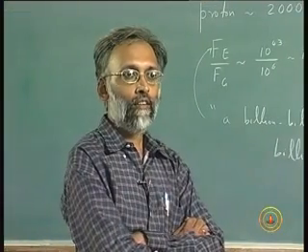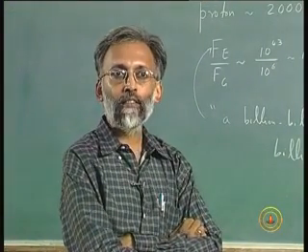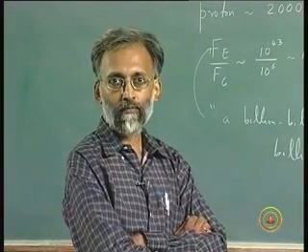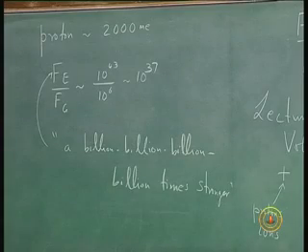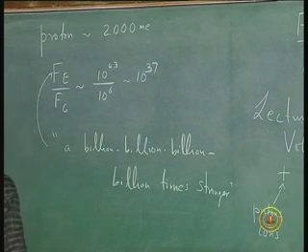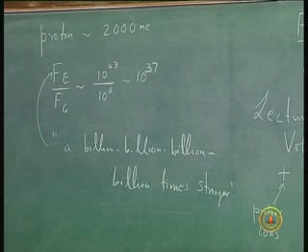However, in our normal experience, there is no electric field. In fact, if you look at the ancient records, you will find they talk about gravitation, but they do not talk about electricity.